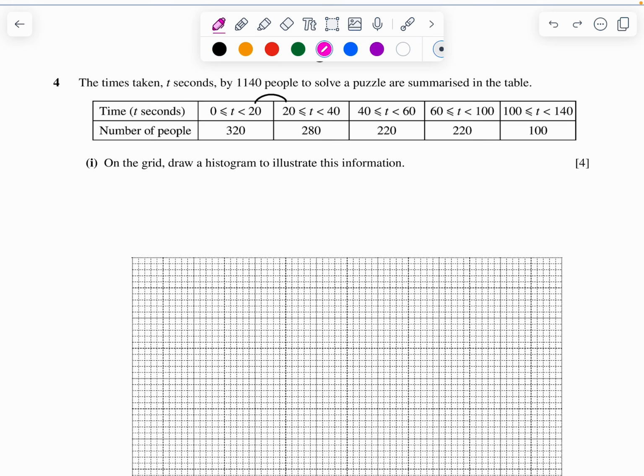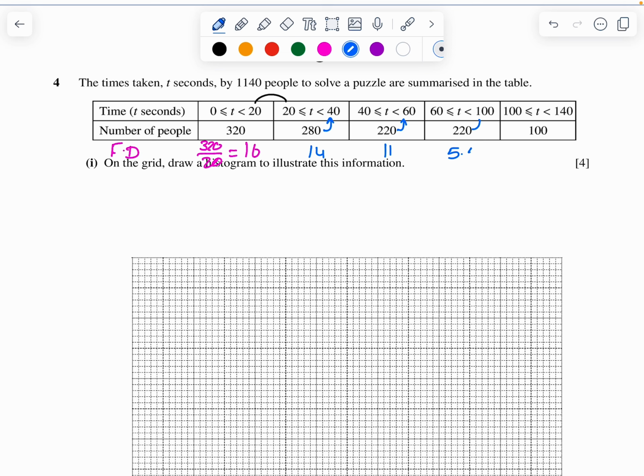We have to find another column called frequency density, which is frequency divided by class width. 320 divided by 20 is 16. Then 218 divided by 20, which is 14. 220 divided by 20, which is 11. 220 divided by 40, which is 5.5.